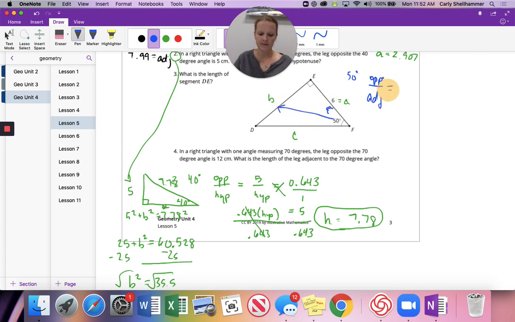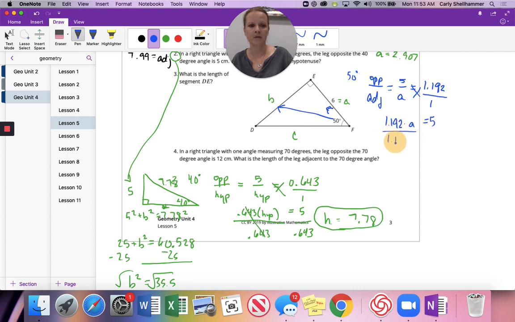And if I look at my table, this table right here, for 50 degrees, opposite over adjacent is, 5 over A is 1.192. I'm going to cross multiply. I get 5 equals 1.192 times A. Divide both sides by 1.192.